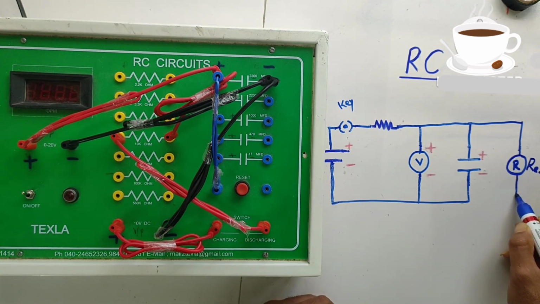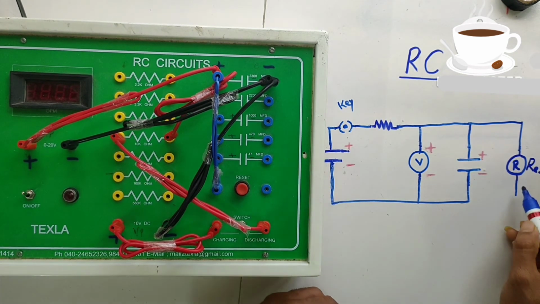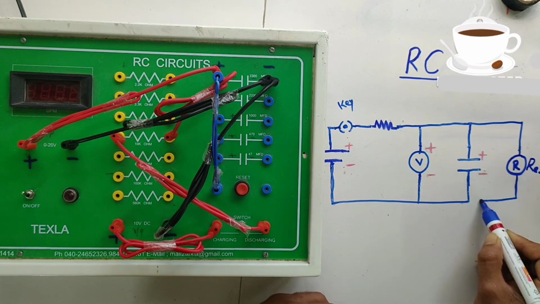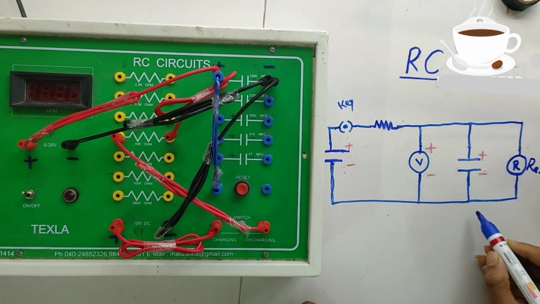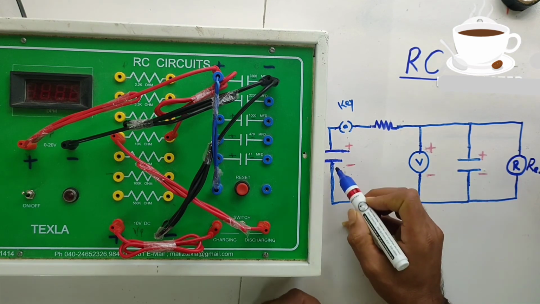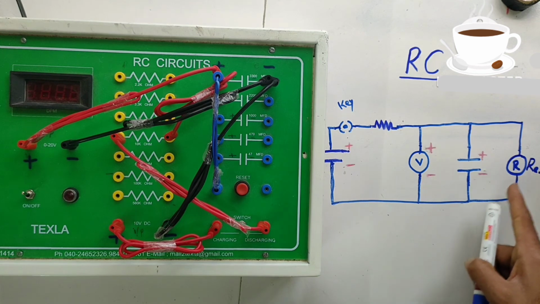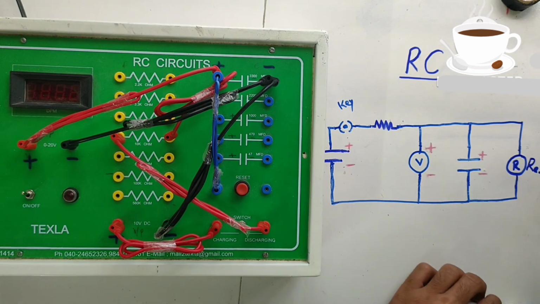Here another terminal is lifted. Here also one terminal is lifted. From this terminal I draw a line up to here, where the capacitor negative touches the battery negative. Like the voltmeter, the reset is also given.